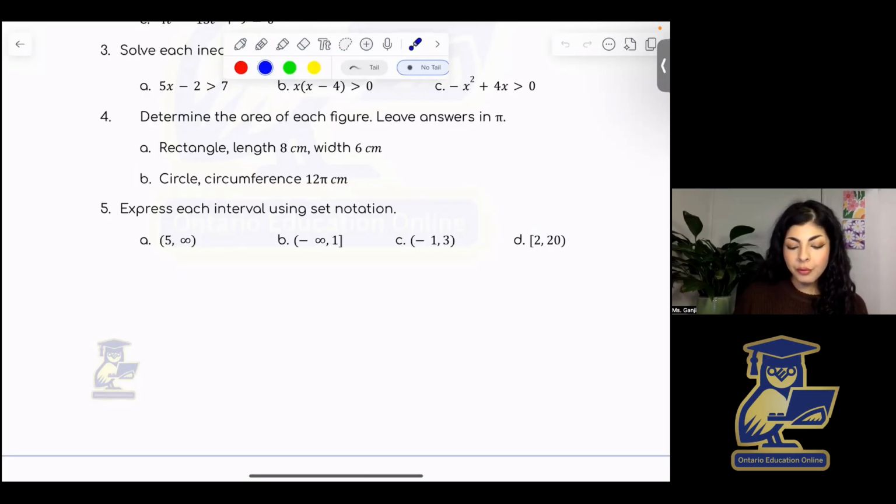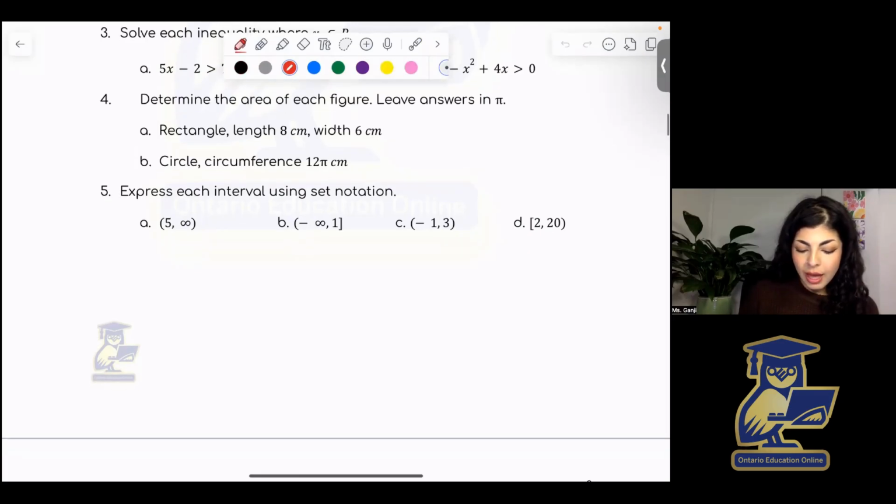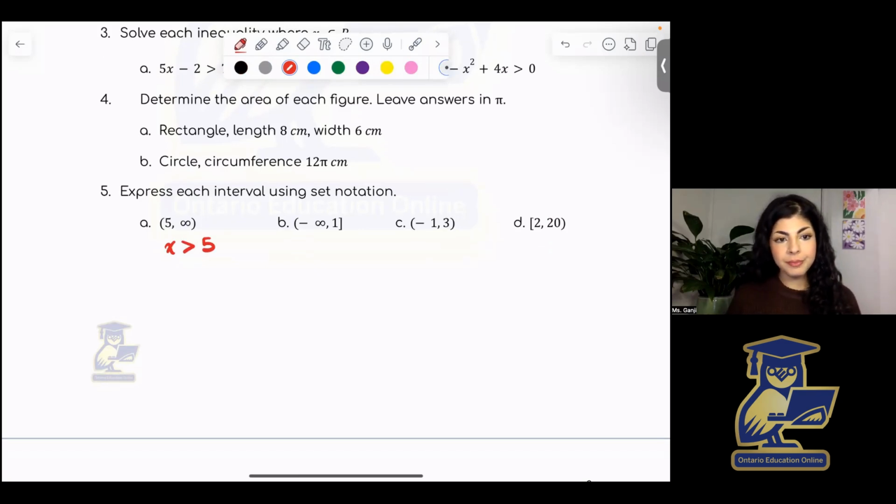For infinities, you can't include infinity in your set interval. It's not an actual value, so it will always be open notation. Just to give you an example of how you're expected to do this, for this one, we're going to have x greater than 5, not including 5.